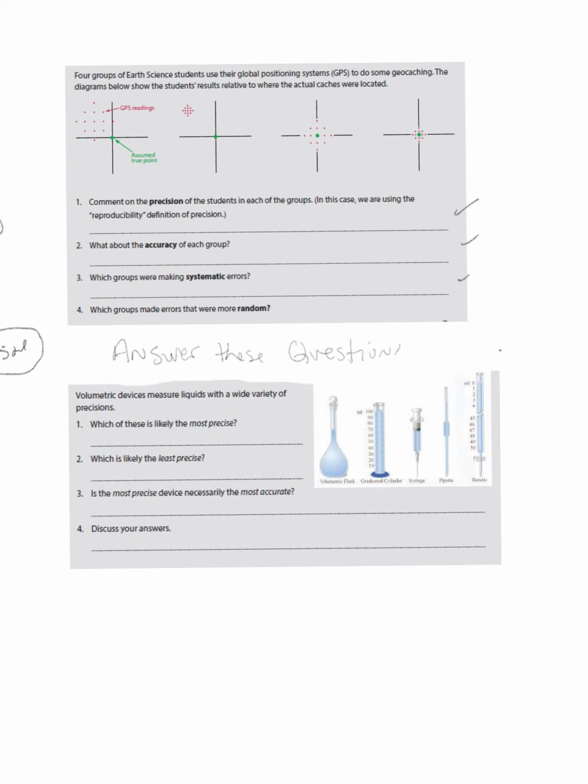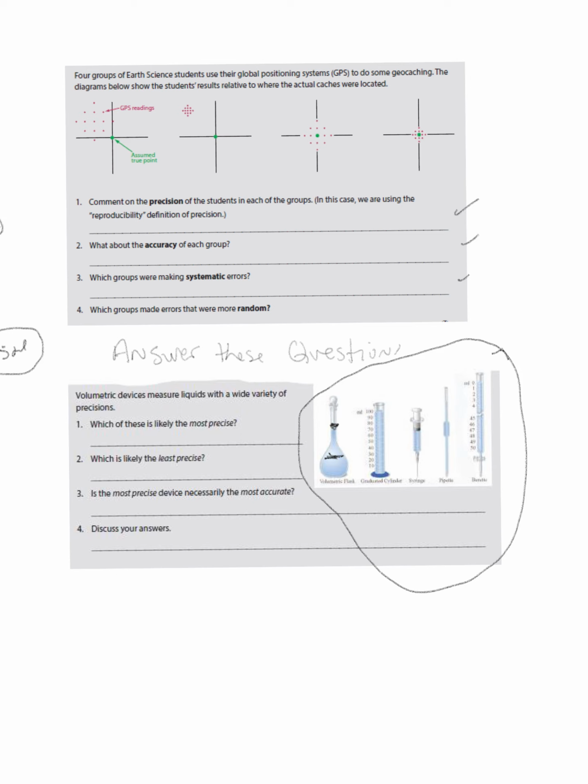Now this one down here, you're looking at these instruments, and they're all used to measure volume. One thing you should know is that the volumetric flask only has one measurement mark. So this will measure a certain volume if you bring it up to here. If you give liquid over here, you really don't know exactly what it is. You have to guess.